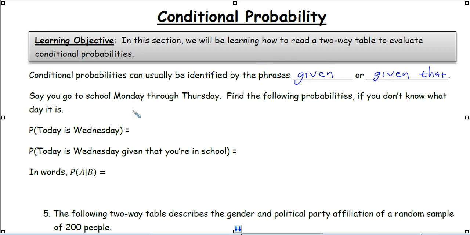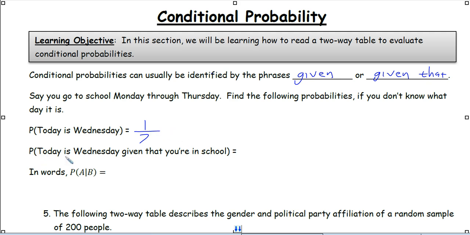So say you go to school Monday through Thursday. Find the following probabilities if you don't know what day it is. Well, what's the probability that today is Wednesday? Well, that's 1 out of a total of 7 days in the week.